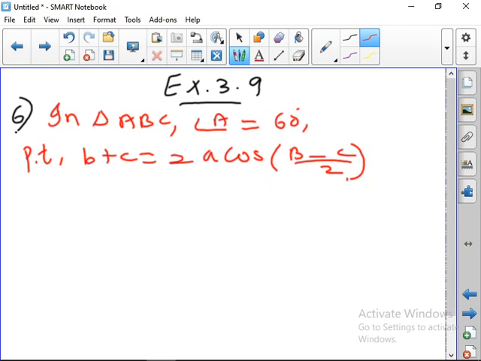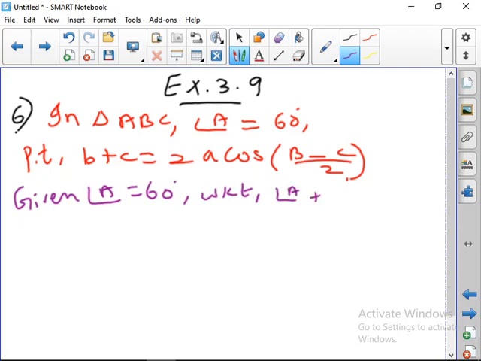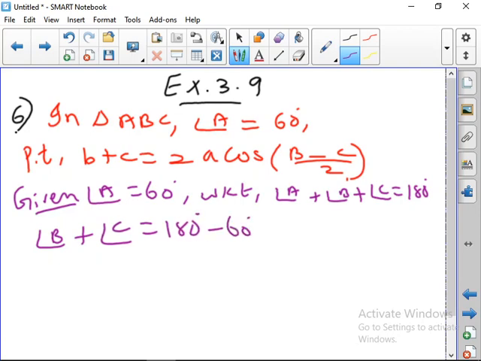Angle A is equal to 60. So we know that angle A plus angle B plus angle C is equal to 180. Therefore, what about angle B plus angle C? 180 minus 60, which is equal to 120. Okay, B plus C is 120.